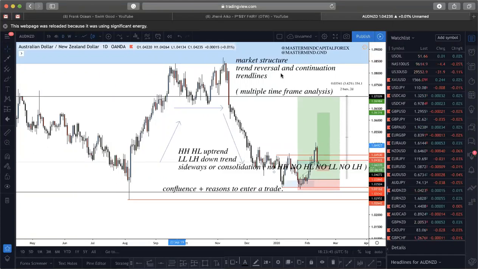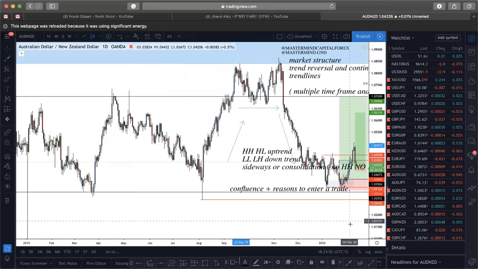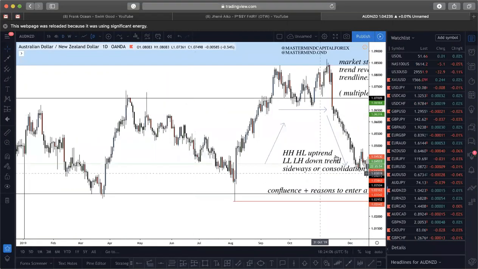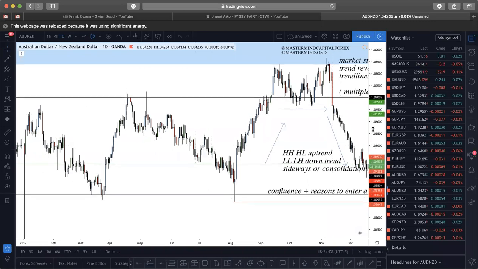How do you use this information to enter the market, right? And in order for you to use this information, you must understand the confluences, the characteristics of the confluences, right? So, for example, well, we'll go through that, right?